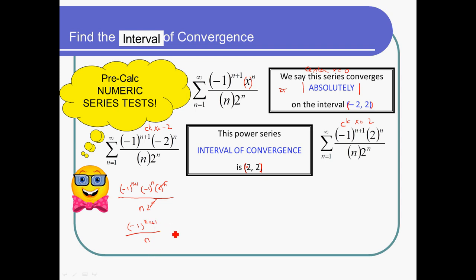Always odd. So this is -1 to the n. True? Over here, it canceled out, and I got -1 to the n plus 1 over n.